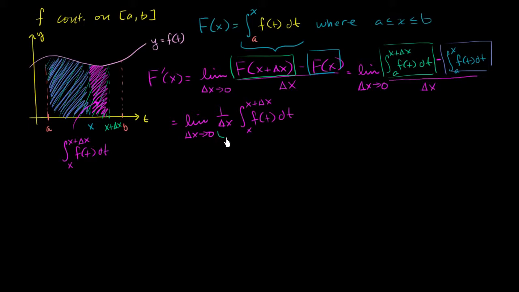Now this expression is interesting. This might look familiar from the mean value theorem of definite integrals. The mean value theorem of definite integrals tells us there exists a c in the interval.